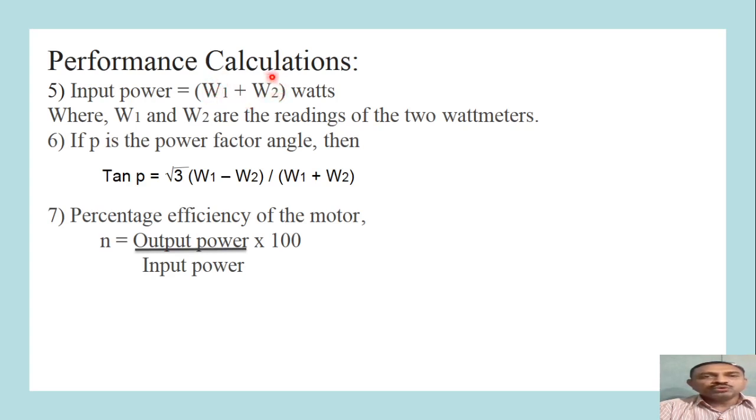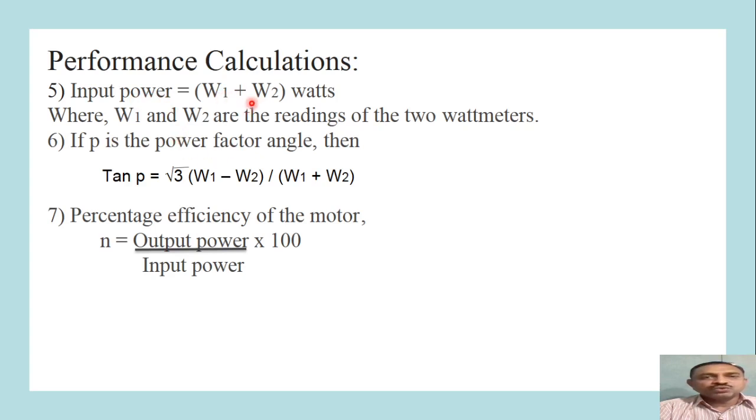If W2 has a multiplying factor of 4 and we get a reading of 100, then it will be 100 into 4, that is 400 watt. In this way, we have to put the readings of W1 and W2 here, take their sum, and we get the input power of the machine at the particular load condition.